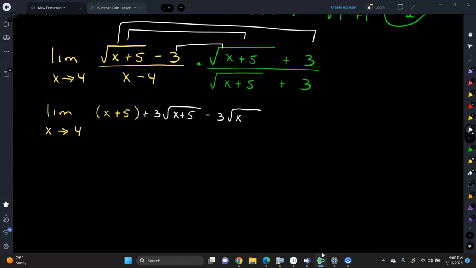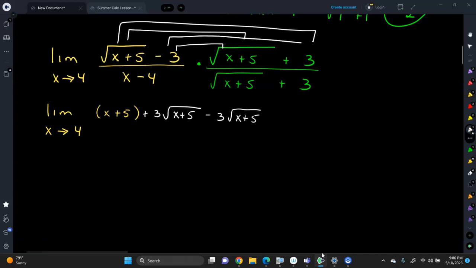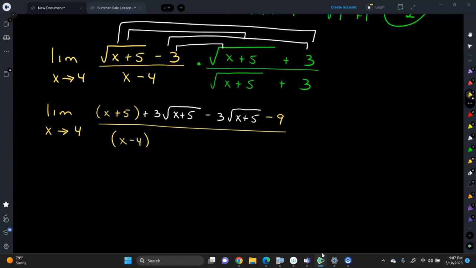Those middle pieces will always cancel when you multiply by the conjugate. And then the last part, we do the negative 3 times the positive 3, so we get minus 9. And then down here, I'm going to leave it as x minus 4 times the square root of x plus 5 plus 3. And we'll wait and see what we have to do with that.